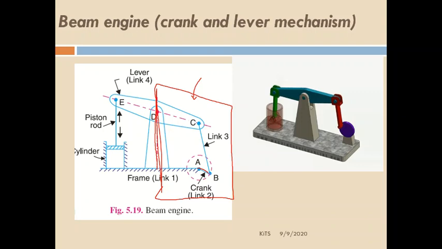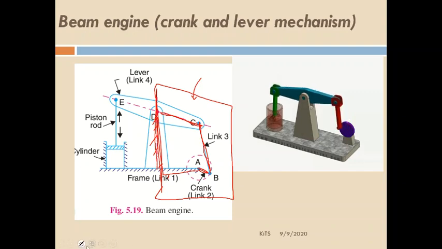AB is the crank. BC is the connecting rod. CD is the lever. AD is the fixed link. Once again I am telling, AB crank, BC connecting rod, CD lever.